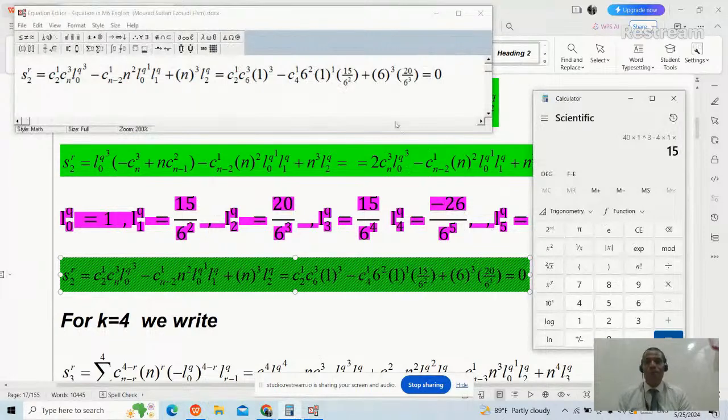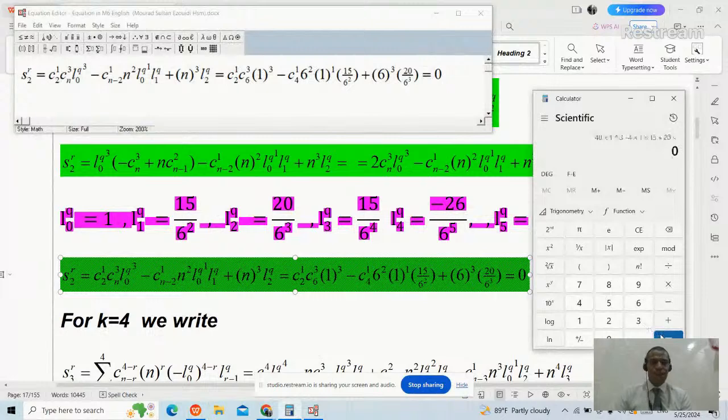Why? Simply because 6 squared divided by 6 squared is 1. Then plus 6 cubed multiplied by 20 divided by 6 cubed. 6 cubed and 6 cubed cancel out, so I just write plus 20.